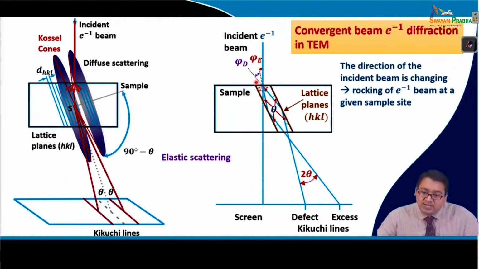Now, on the other hand, when the number of scatterings is increased, the inelastically scattered electrons have lower energy and an angle phi d, which is greater than phi e.